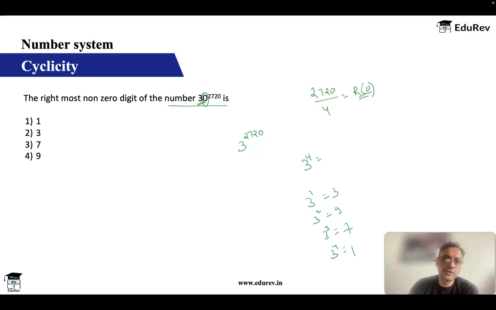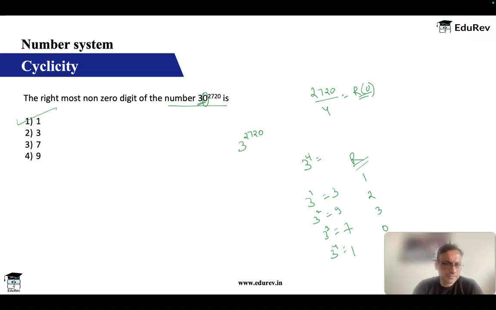So your answer is going to be 1. When the remainder is 1, the answer is the first one; when the remainder is 2, when it is 3, and when the remainder is 0, remember your answer is the fourth one. So the answer is going to be 1 in this case.